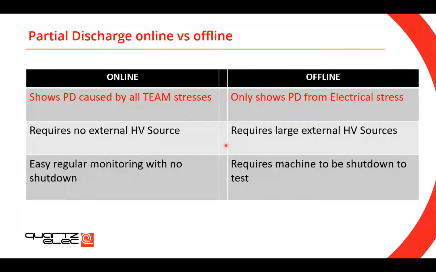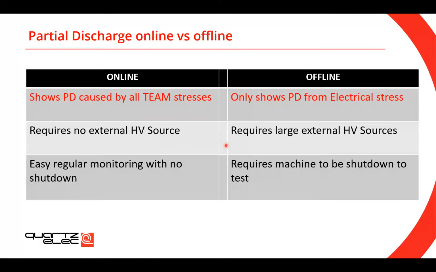If you perform an offline test, you're going to have to use an extra source, a high voltage source. And when you do that, what you need to understand is that you apply the test voltage across one of the stator phases, and the whole phase will see the same test voltage.